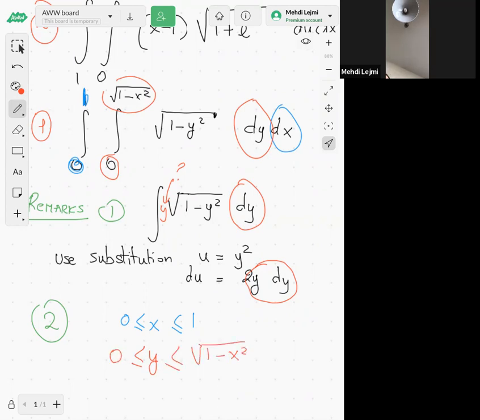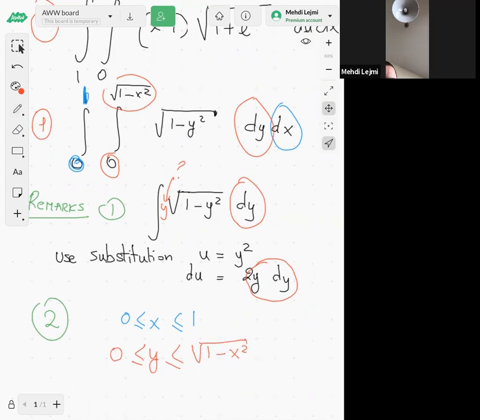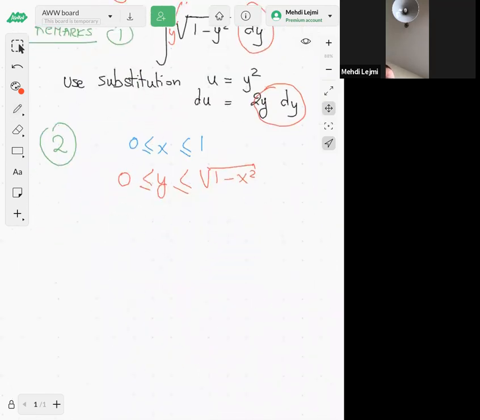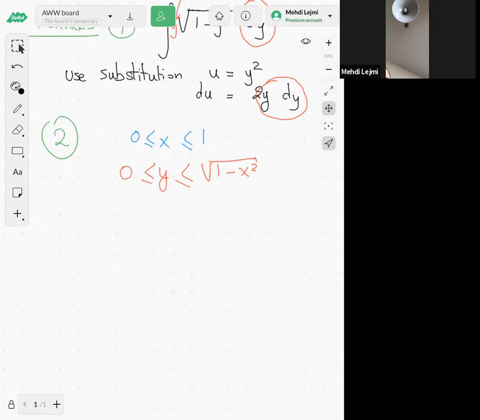All right. So let's try to sketch this region D. So here's my x-axis, y-axis. So this is 1 here, this is 1. So my x is between 0 and 1. So when x is equal to 0, so here x is equal to 0, and here x equal to 1.